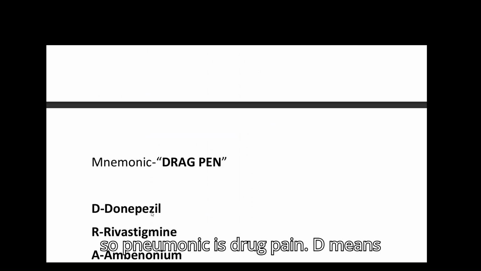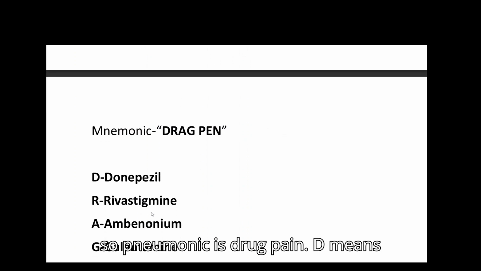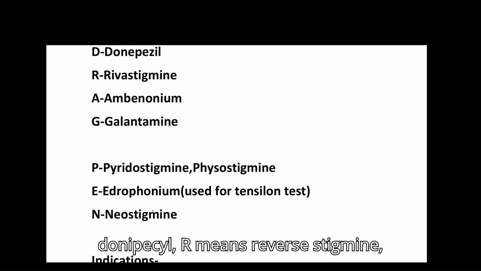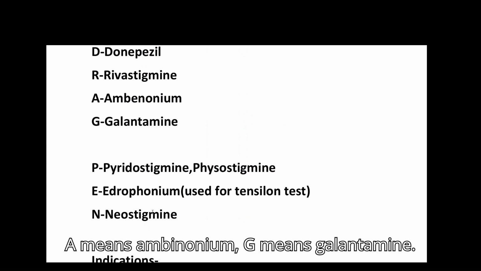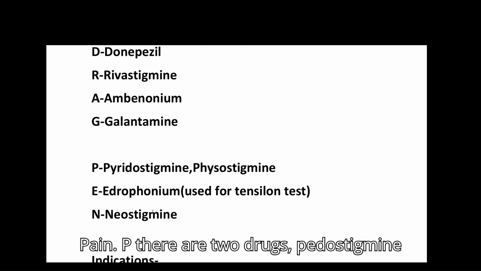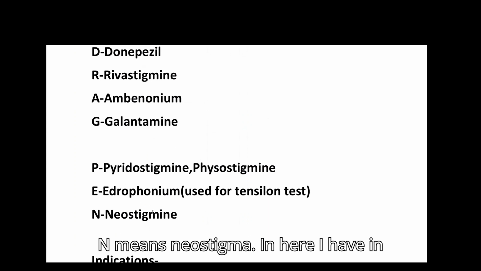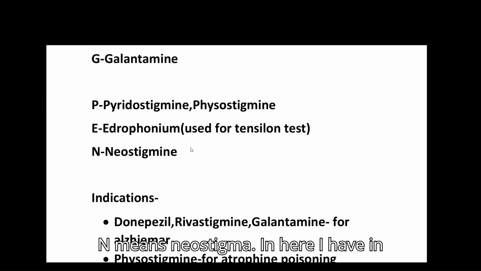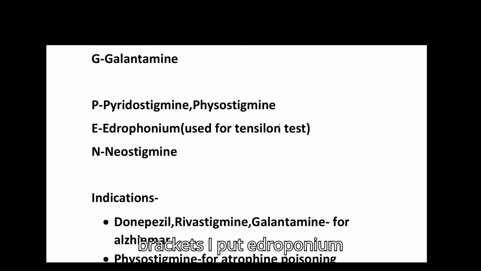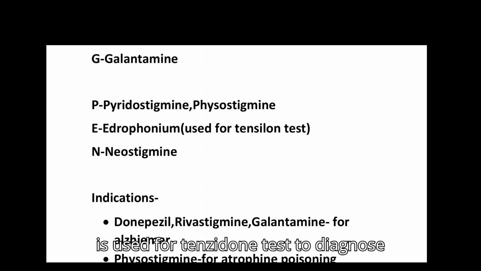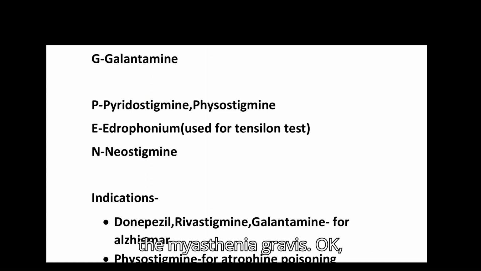The mnemonic is DRAG PEN. D means donepezil, R means rivastigmine, A means ambenonium, G means galantamine. Pen, P: there are two drugs, pyridostigmine and physostigmine. E means edrophonium, N means neostigmine. In the brackets I put that edrophonium is used for the Tensilon test to diagnose myasthenia gravis.